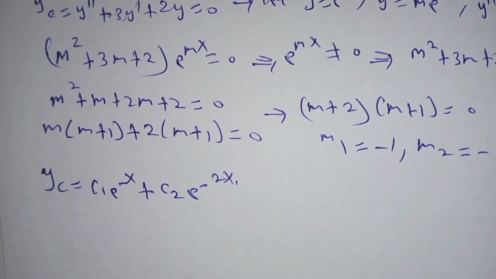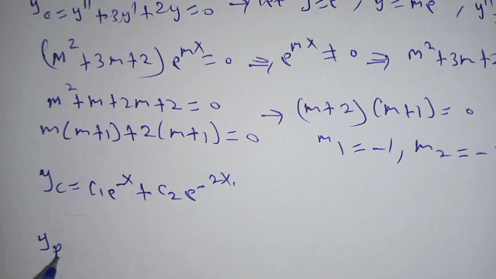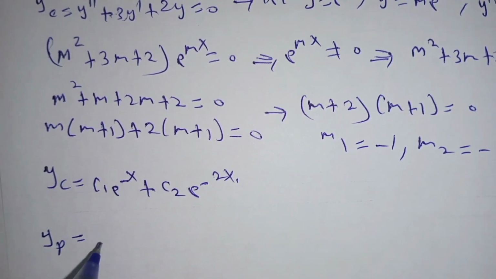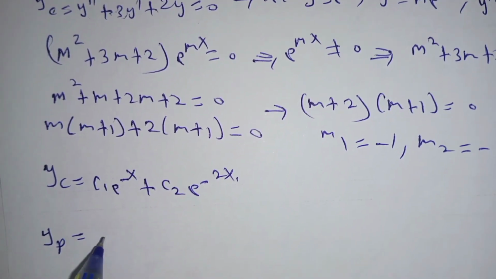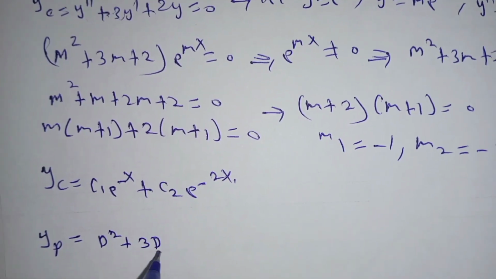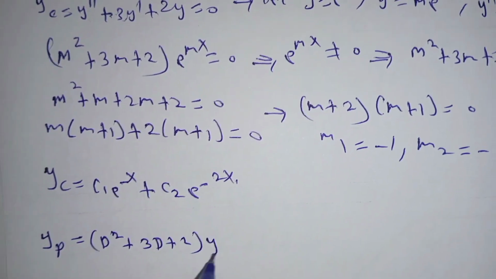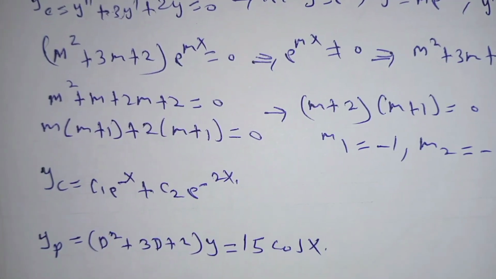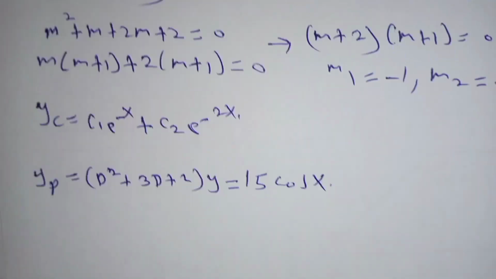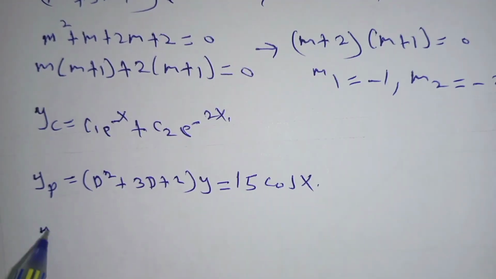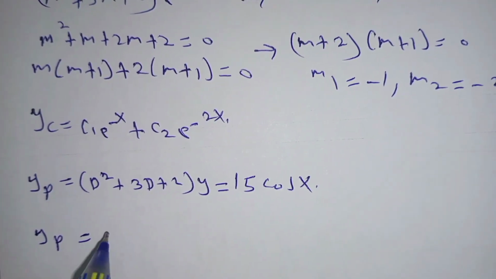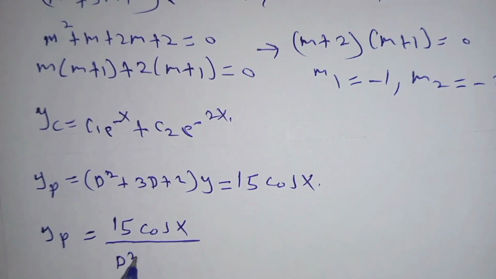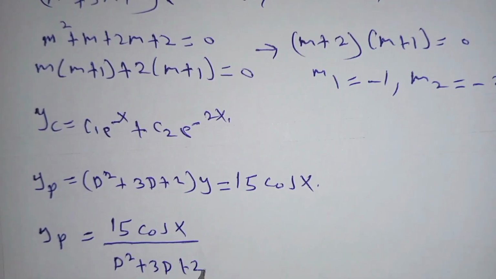Now, to solve the particular part, yp, by the method of inverse D operator, we write it in the simple form as D squared plus 3D plus 2, and we factor y outside, which is equal to 15 cos of x. Then applying the inverse D operator, we have yp equal to 15 cos of x divided by D squared plus 3D plus 2.